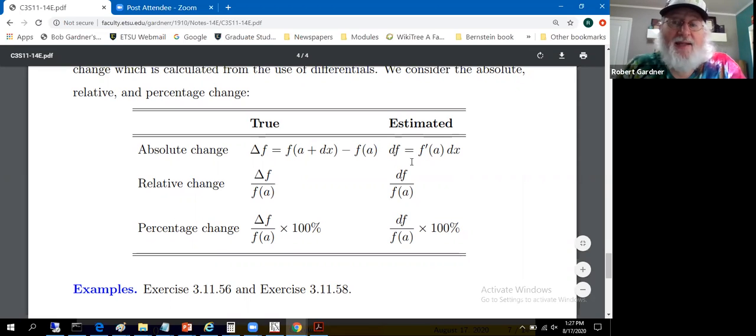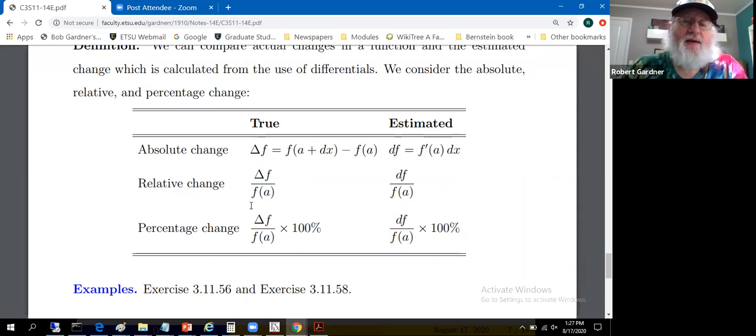We're estimating that change with differentials, as we just saw. The relative change is the change in the function divided by the value of the function at a. Our estimate of the relative change is the differential divided by the value of the function at a. Multiply those by 100%, and that gives a percentage change.